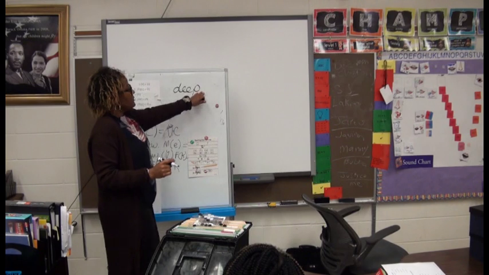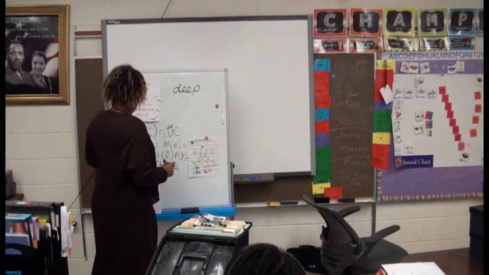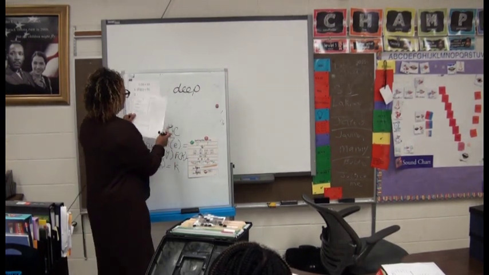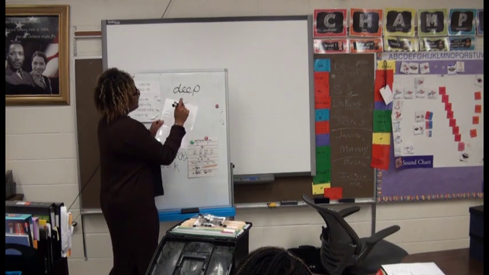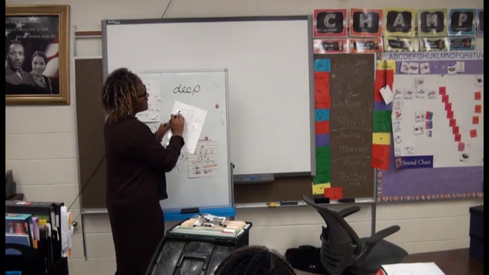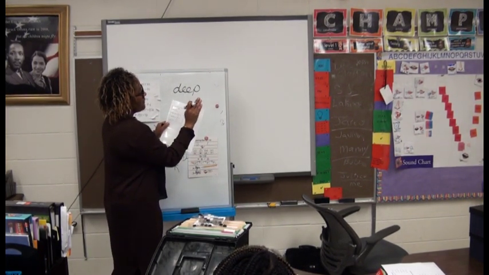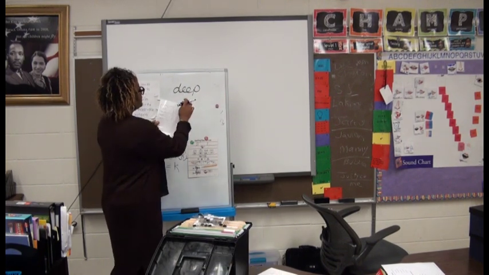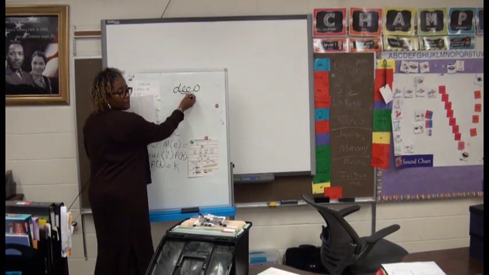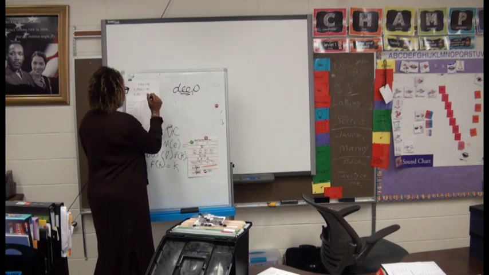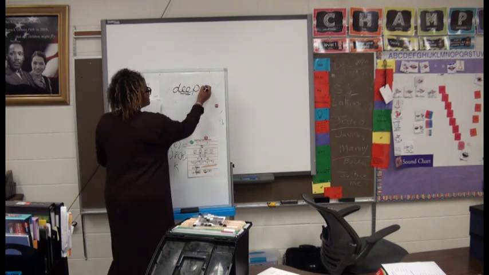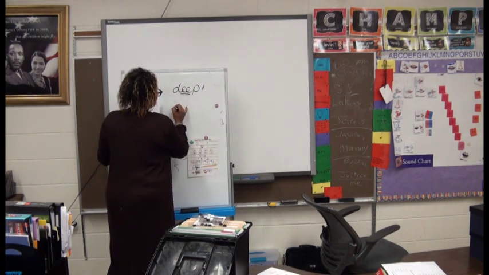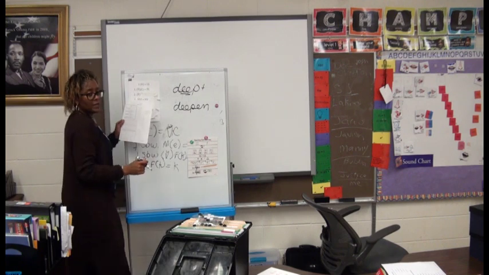Before we add, take away, or first of all, do we have a consonant suffix? It's not a consonant suffix, it's a vowel suffix. But notice that we have a vowel team, or a digraph. Since we have a digraph, we can just add the E-N. So it's D-E-E-P-E-N.